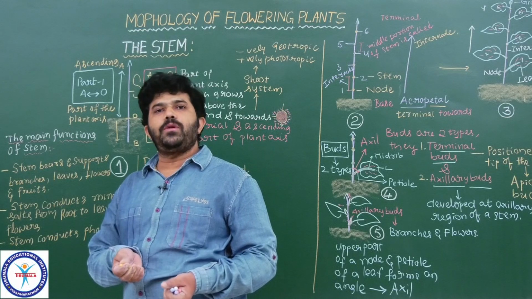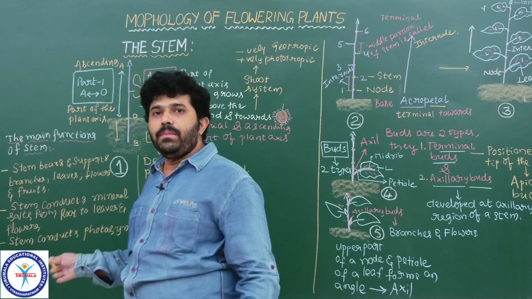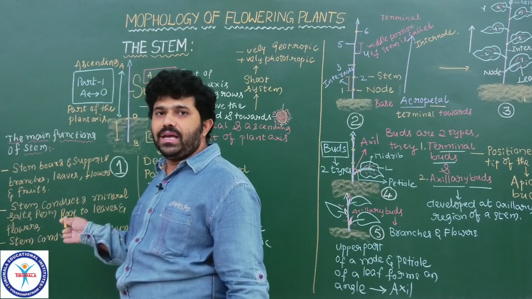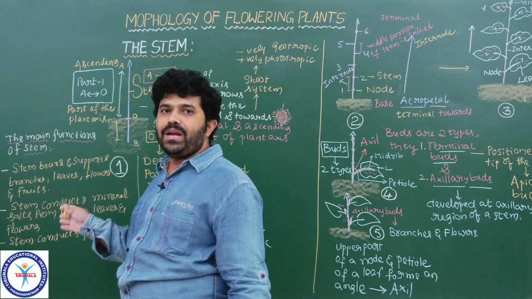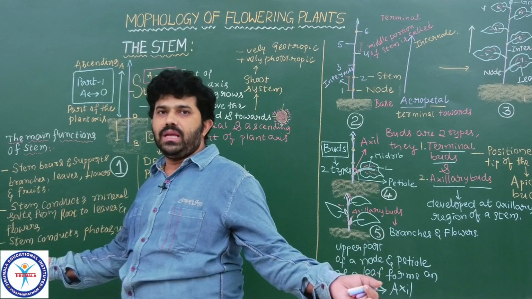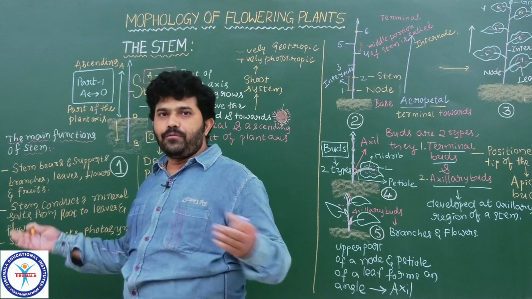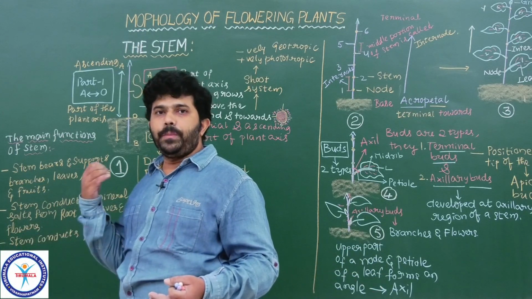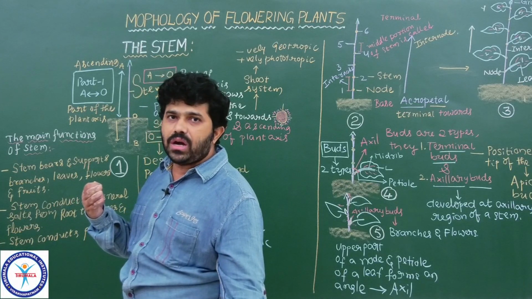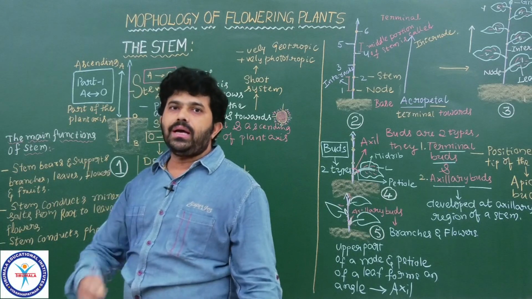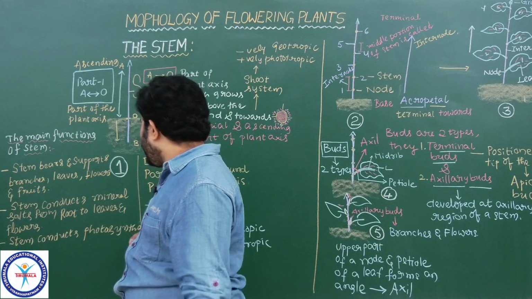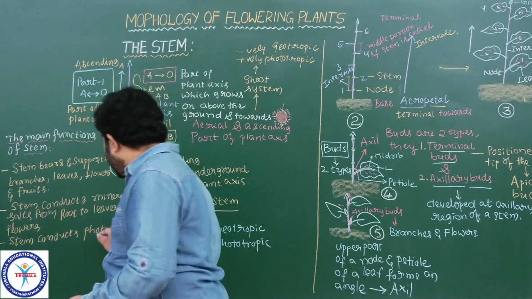These are manufactured in the food factories of the plant body, the leaves. The food is picked up from the food preparing center, the leaf, to the last part under the soil, the root, through the mediator called the stem. So the stem conducts photosynthates, meaning food and nutrients.